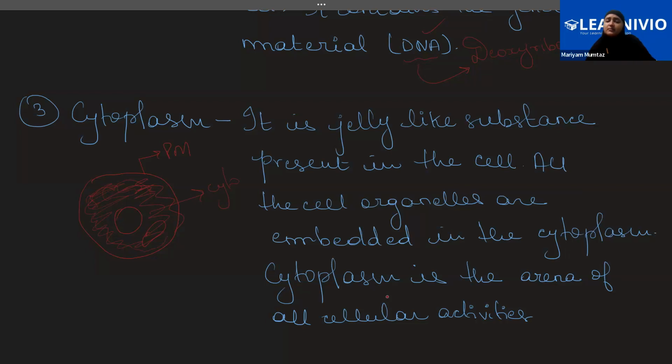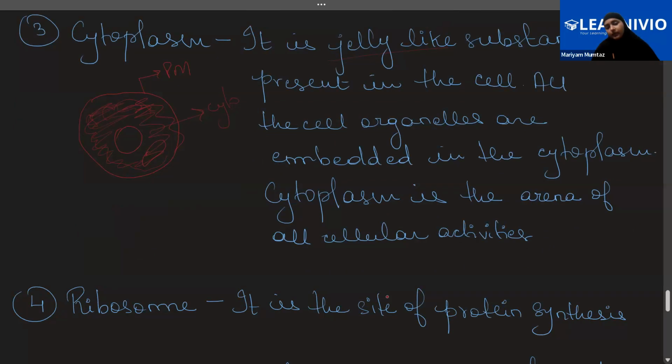So cytoplasm is the jelly-like substance present in the cell. It's 80% water. All the cell organelles are embedded in the cytoplasm. And this is a very famous line about cytoplasm, that cytoplasm is the arena of all the cellular activities, meaning every single activity that happens in terms of the cell happens in the cytoplasm only.